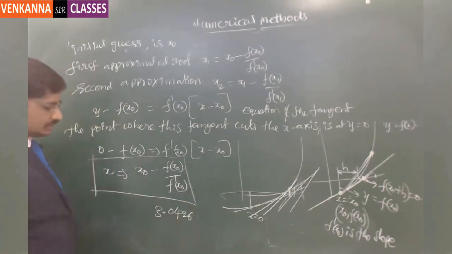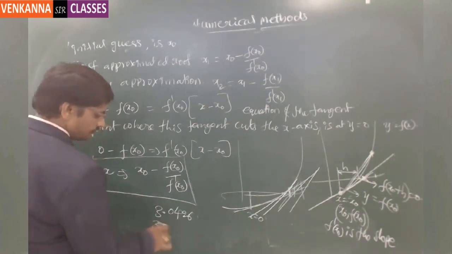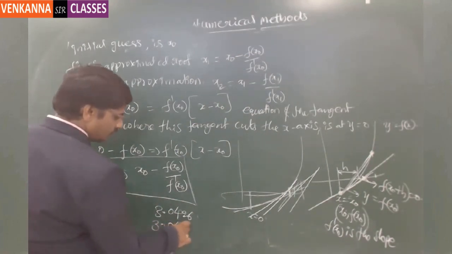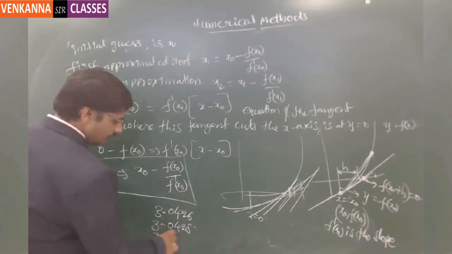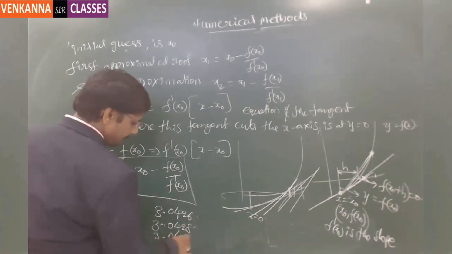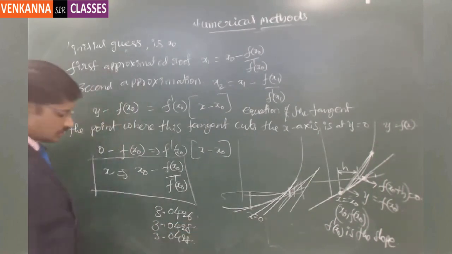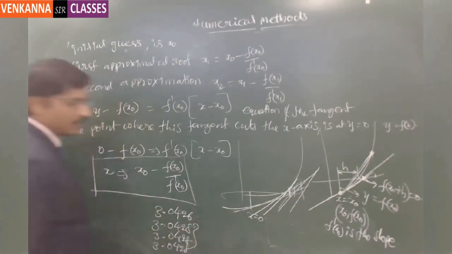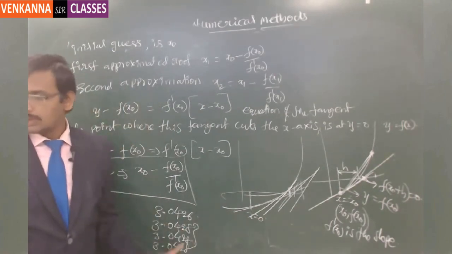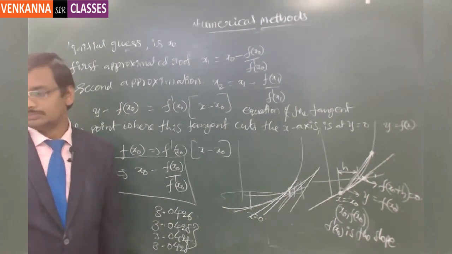In the next iteration, let us say you have got 3.0428. And then in the next point, 3.0428 again, and in the next one also 3.0428. That means it keeps on repeating again and again. There you have to stop. Got it?